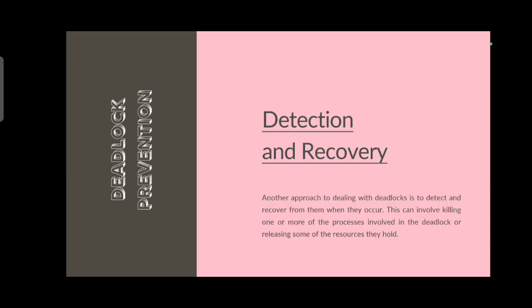Detection and recovery. Another approach to dealing with deadlocks is to detect and recover from them when they occur. Means this detection and recovery is done after the deadlock has occurred.